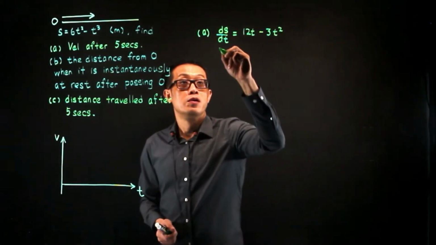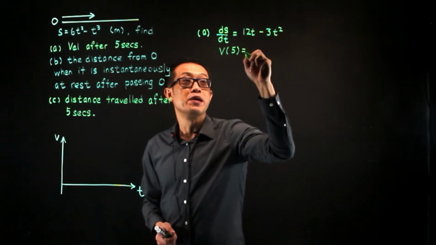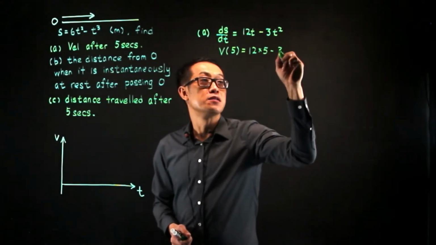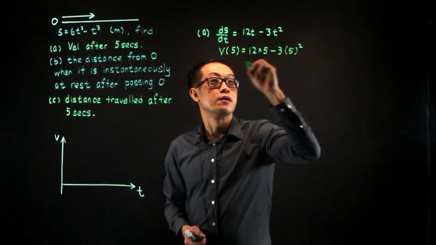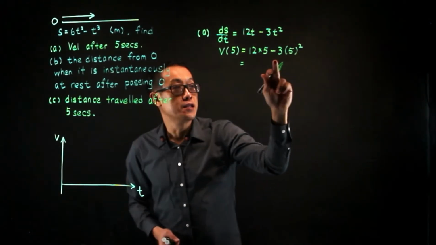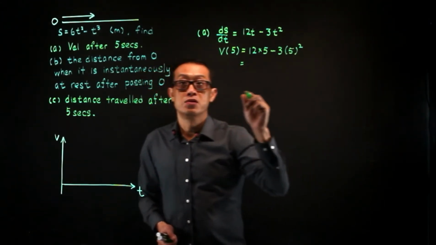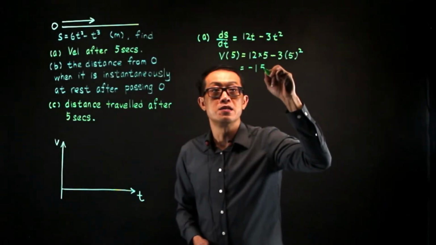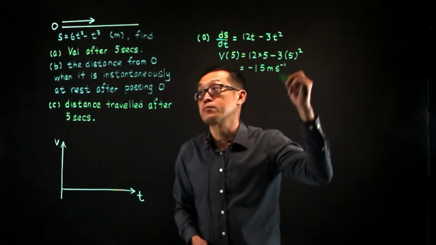So your v when t is 5 will be equals to 12 times 5 minus 3 into 5 squared. This is 60 and this is minus 75. So your velocity will be minus 15 meters per second.